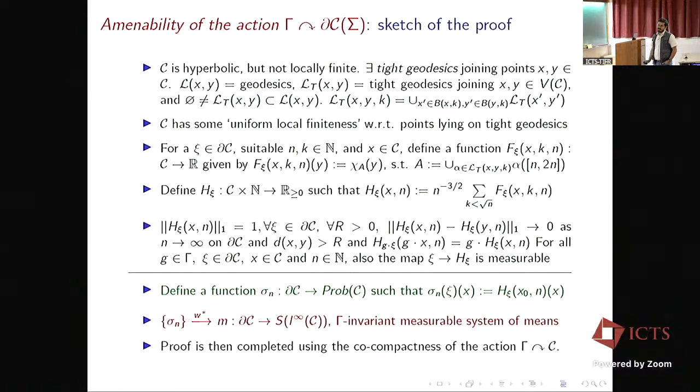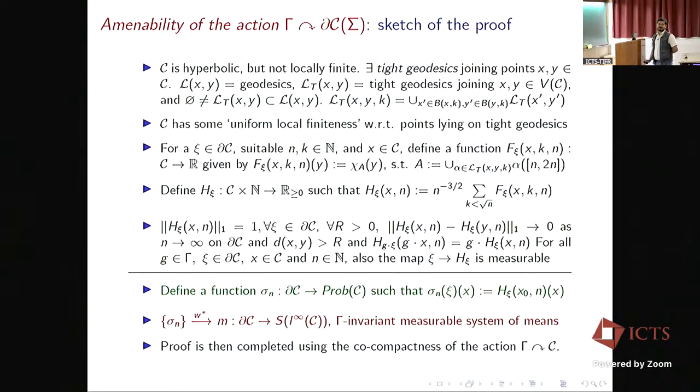This assigns for each point xi in this boundary a mean. Now, these probability measures are in some sense converging to those means pointwise. So I won't go into the detail of this proof further because this will not serve the purpose of this talk.